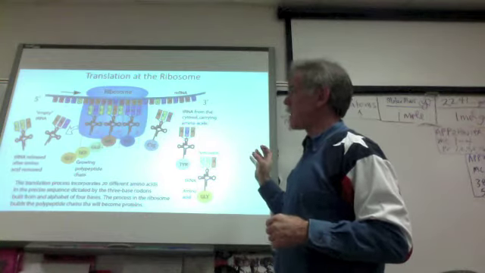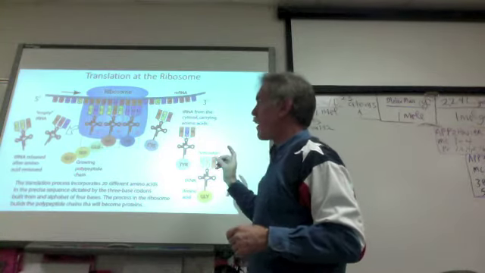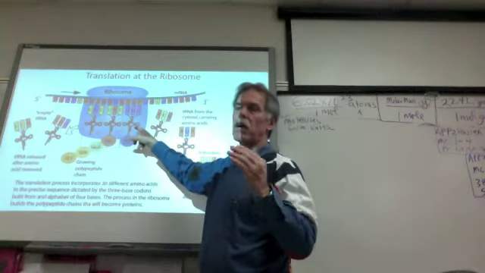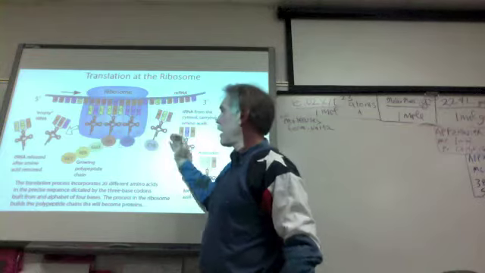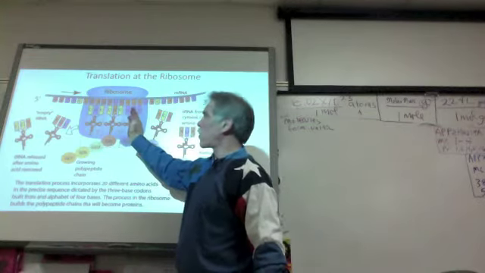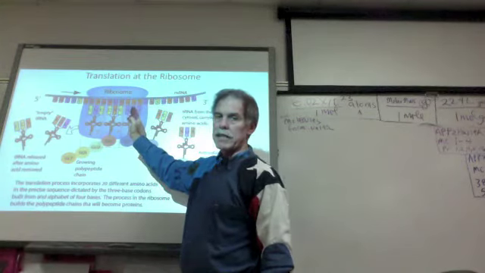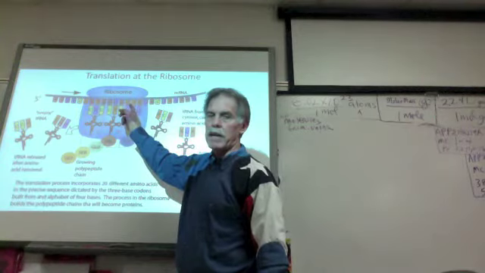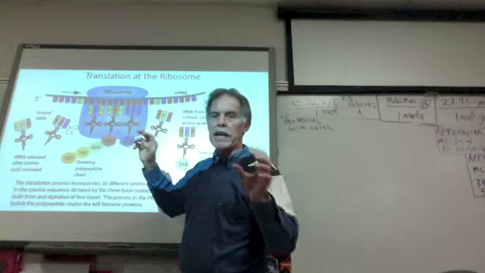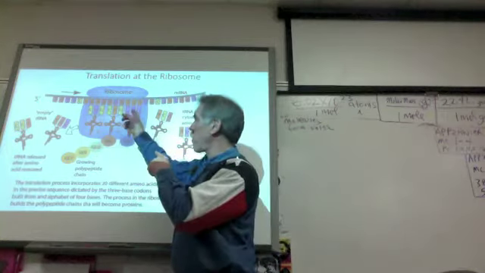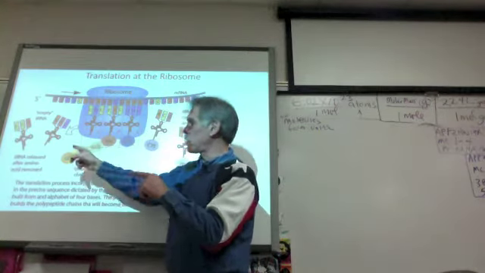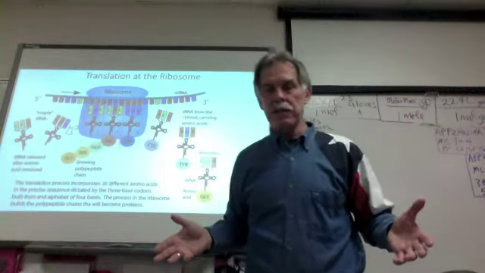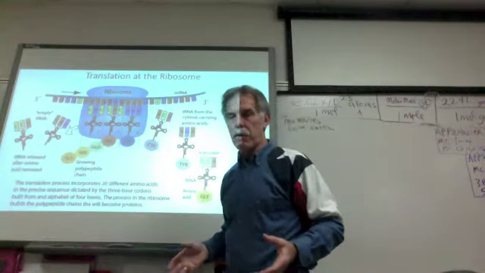As the message goes through, we have this T-shaped RNA called tRNA, or transfer RNA, that brings the correct amino acid that corresponds to the code that came from the DNA. So the order of the DNA tells what the order of the amino acids is, and the order of the amino acids determines what the protein does, because it determines the shape of the protein.